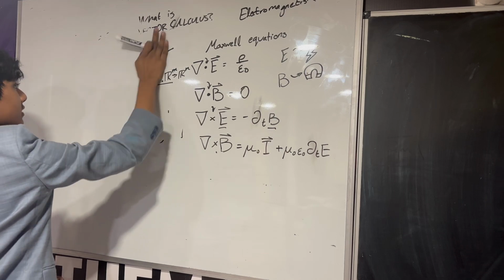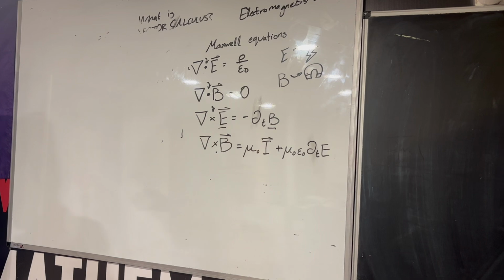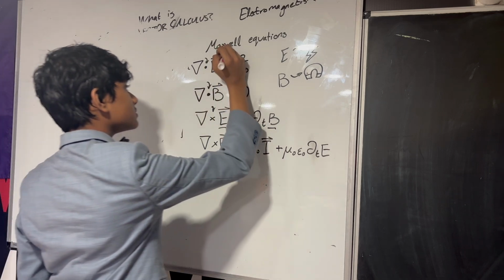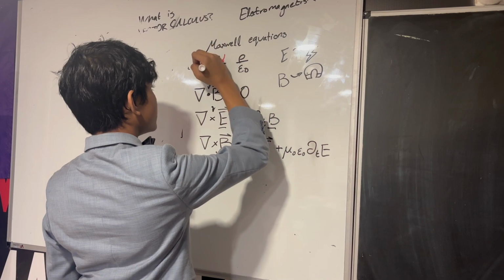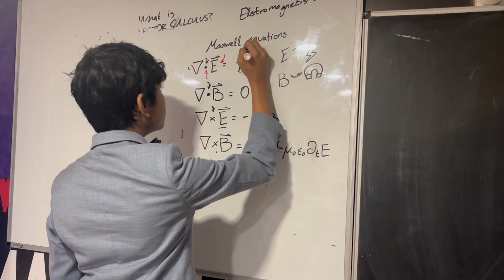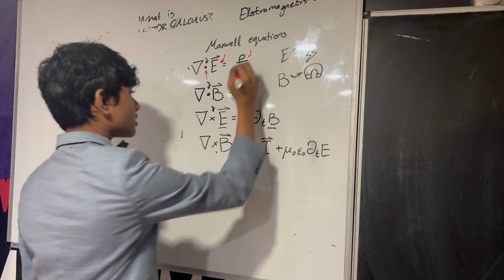So, let's cross off the list of things we already know about. We already know what this is. Okay, that's crossed off. We already know what this is. That's crossed off. We don't know what this is, but that's a physics thing, not a math thing. So that's crossed off.